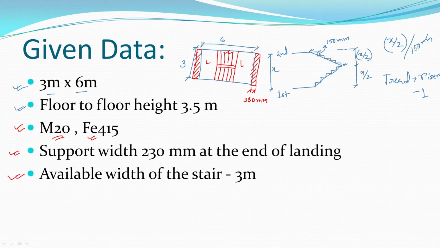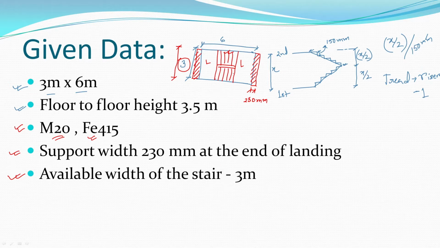Now the last one, that is the available width of the stair, which is already given as 3 meter cross 6 meter. So the total 3 meter is available. This 3 meter we consider as the width of the staircase at the time of designing. So let's start the designing of the dogleg staircase.